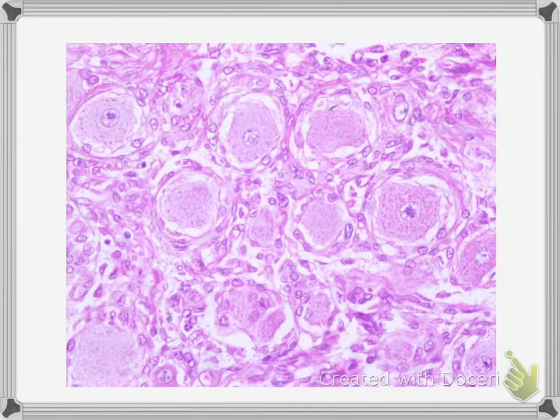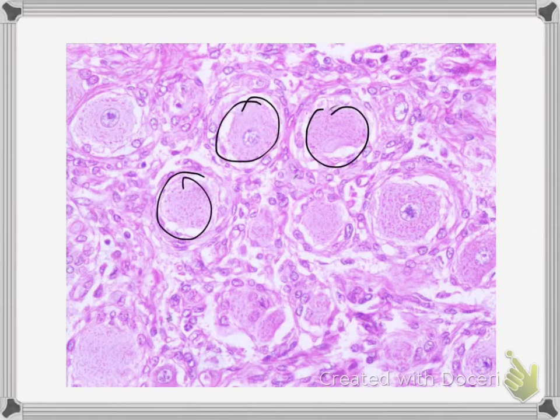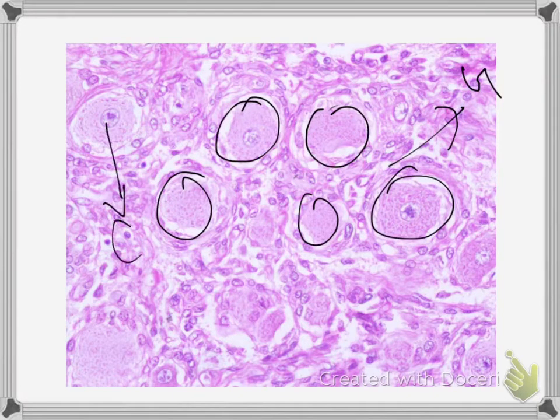Finished. And now it's a test for you. You just see this big slide and find out what it is. Now you can see nicely, you can see neurons. They are in groups. So number 1 suggestion, groups. So what could it be? Next you should check the nucleus. It is centrally placed. Very good.